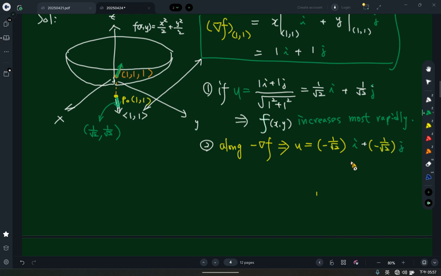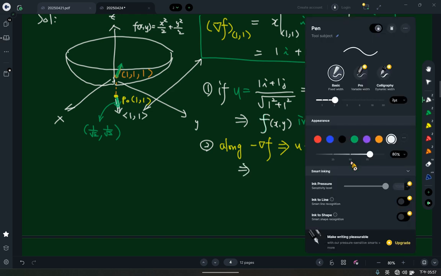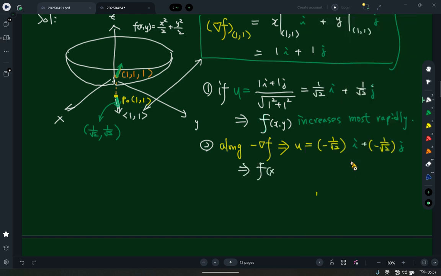So this time, if you just follow this way, then we can get f of x, y just decreases most rapidly.